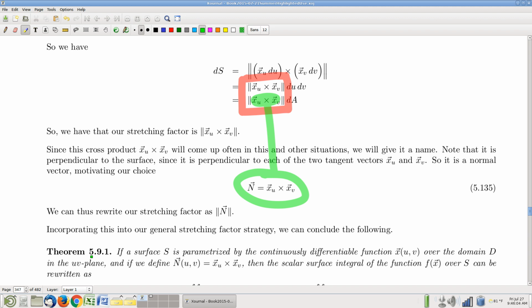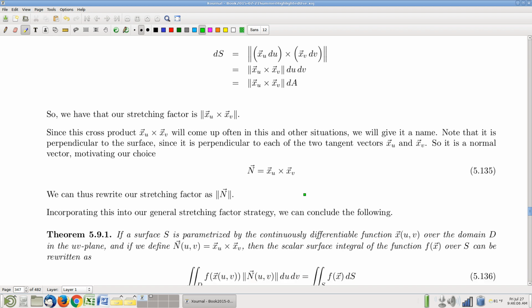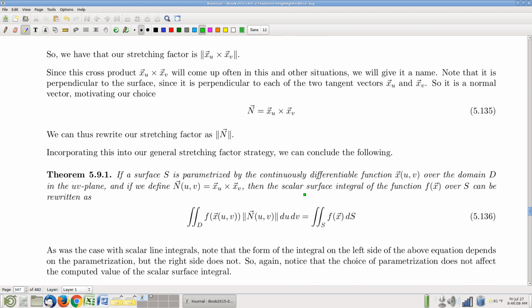Alrighty, so that allows us to write down this theorem. If you want to compute a scalar surface integral, which we do, right? We want to compute masses of things. We want to compute how much grass is on a certain hillside. This surface integral, I can do the usual pullback. I can take my parameterization, recognize that position as a function of u and v. I need to figure out how to change my differential here.